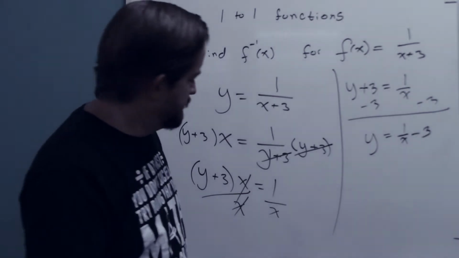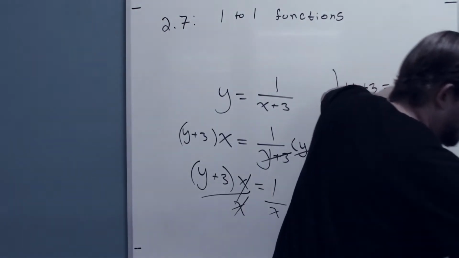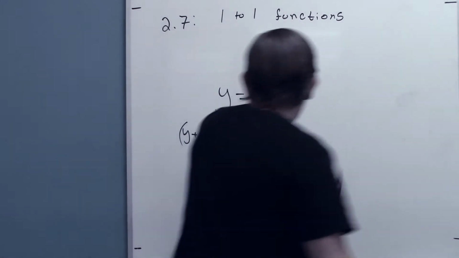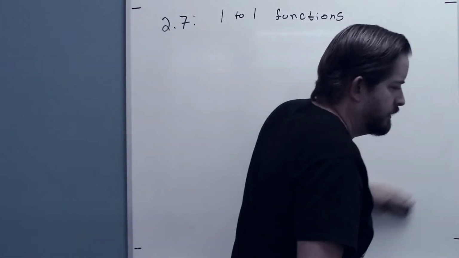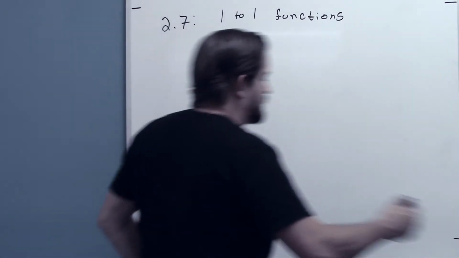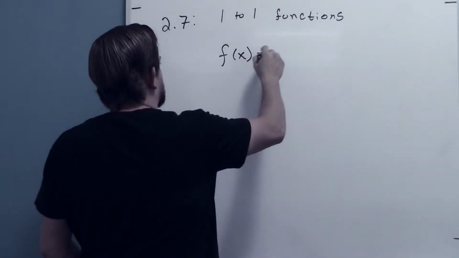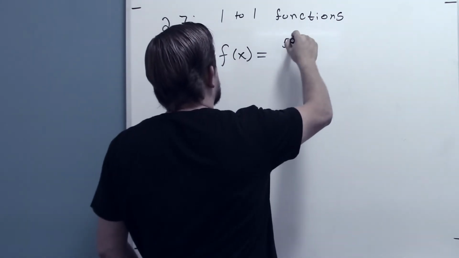All right, let's look at number 7. Seven is the same question, except we're looking for f of x equals 5x over x minus 6.